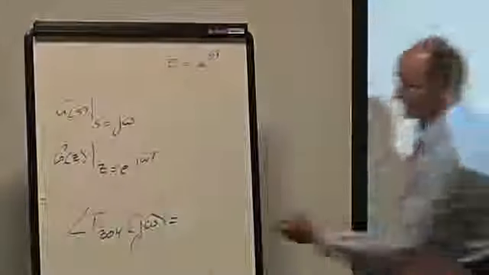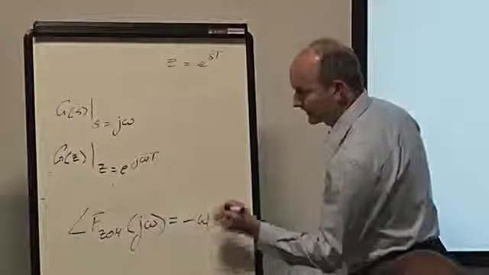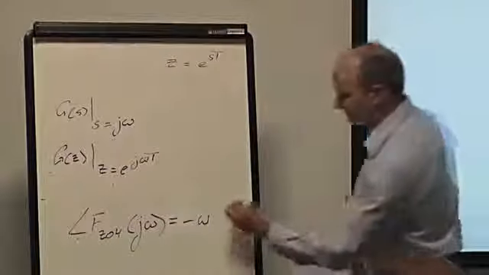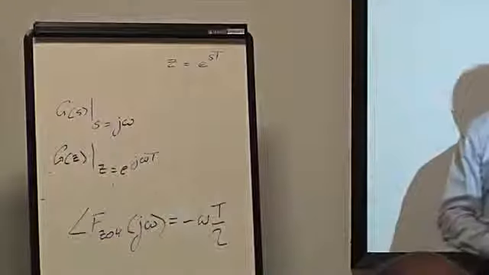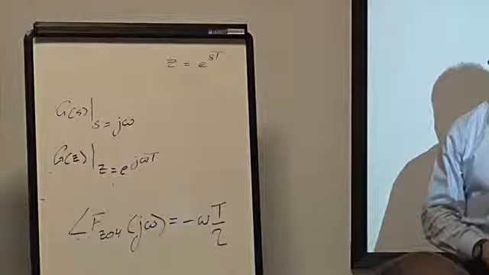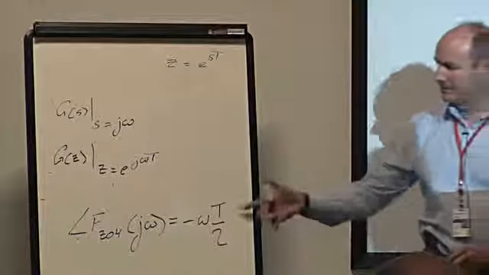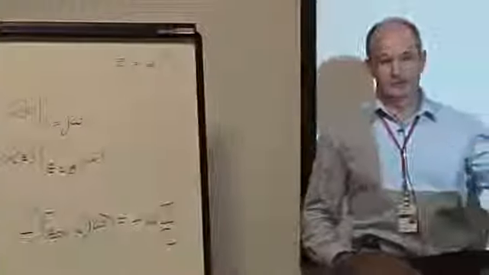It's a phase lag. It's a frequency-dependent phase lag. T over 2, lovely, thank you. This is the amount of phase shift which the zero-order hold gives you, minus omega T divided by 2. That's the bit that you must manually account for if you use, for example, the Tustin method for the discrete transformation, because it's not accounted for.